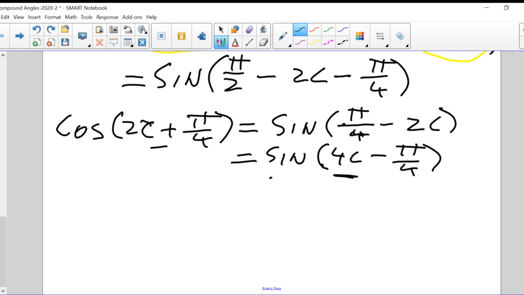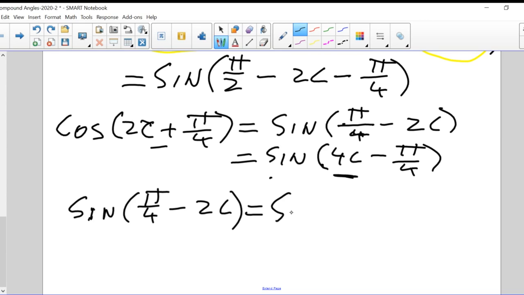So I'm going to write all of these things that are equal to each other, but I only want to focus on the things that are sines, because this says that the sine of, and I want to make sure I write it down correctly this time, Quinn, of pi over 4 minus 2c is equal to the sine of 4c minus pi over 4.